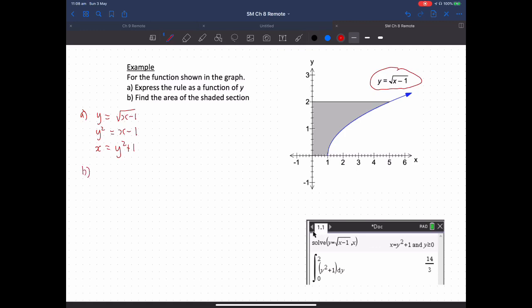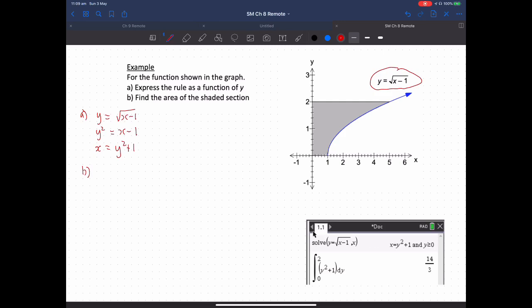Looking at the graph, you can see the shaded region is not underneath the graph of y equals the square root of x minus 1. And that is why this has got us to put this into a function of y as opposed to a function of x.